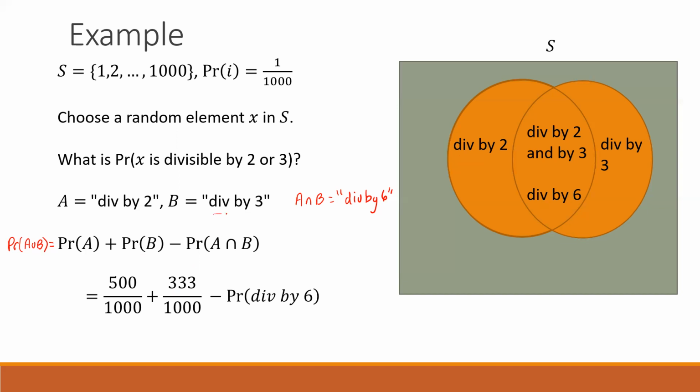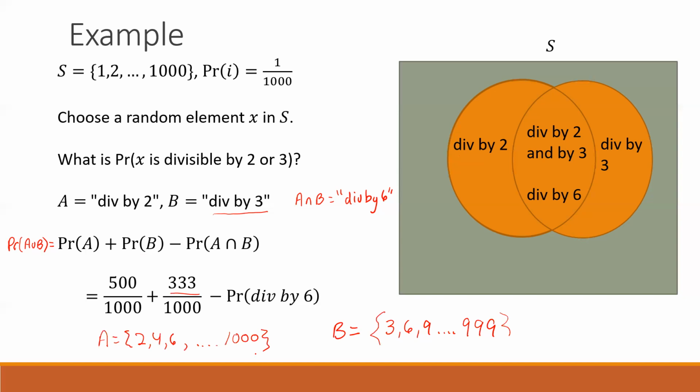Yeah, if we take all of the numbers between 1 and 1,000 that are divisible by 3, well, that's 3, 6, 9, up to 999. So there are 333 numbers in this subset. So this is set B, and set A is, of course, 2, 4, 6, up to 1,000.